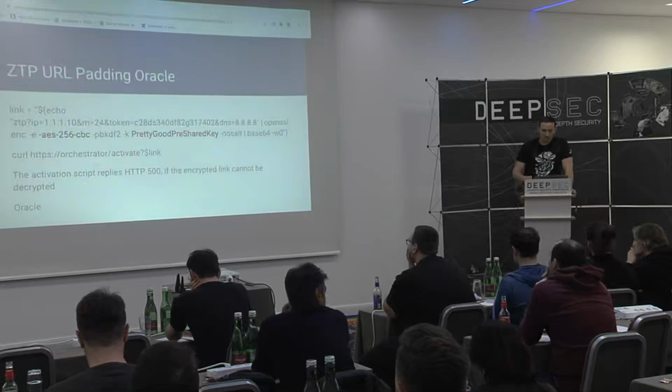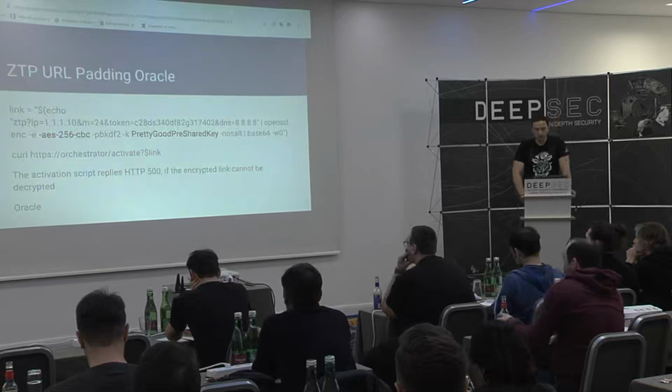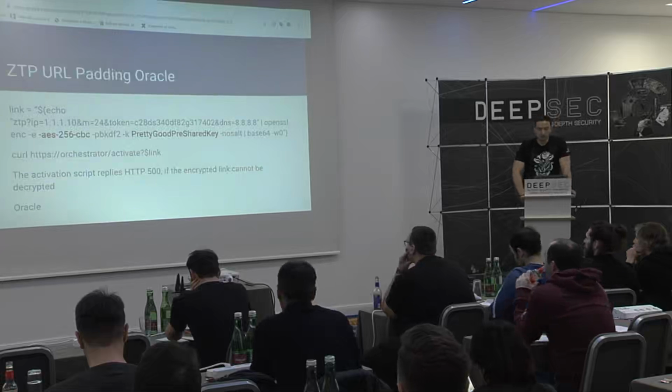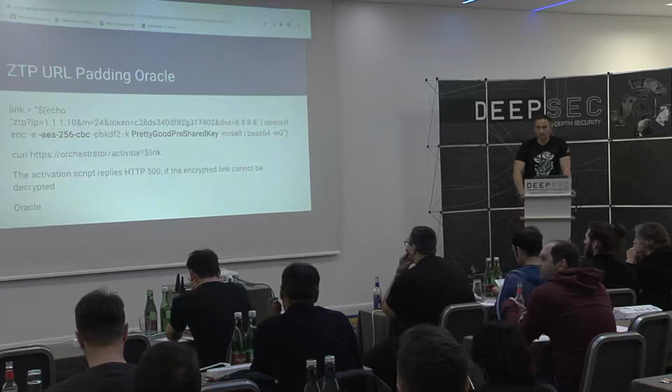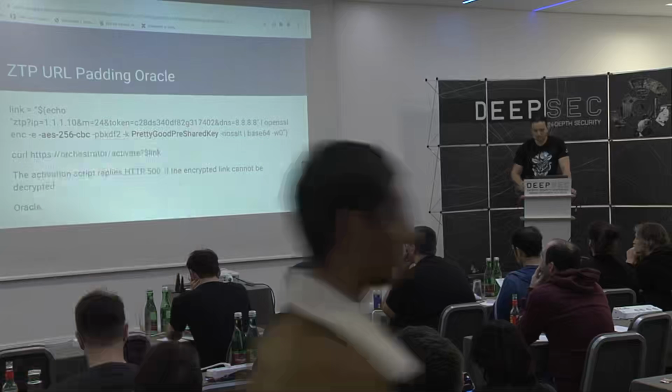In another SD-WAN product, during this secure design review, we found an interesting vulnerability. Developers used the AES encryption algorithm in CBC mode to protect a provision URL containing a secret, like a token or password and so on.